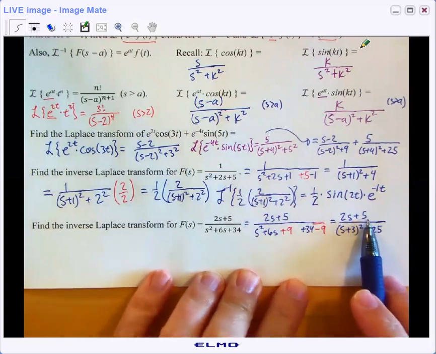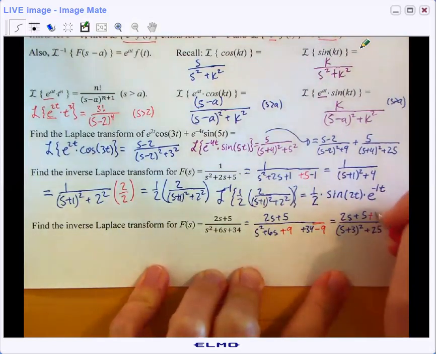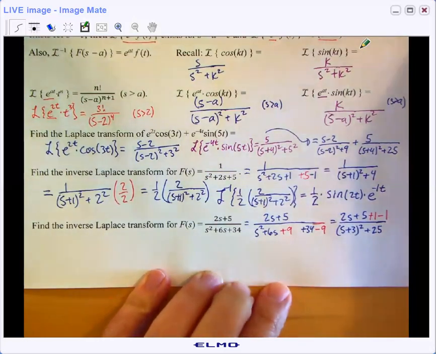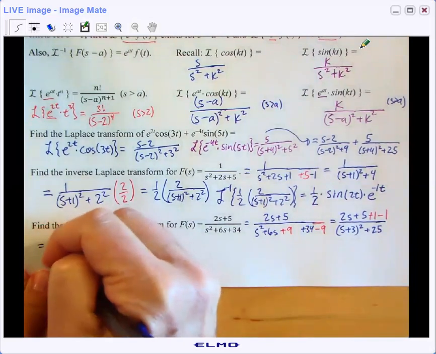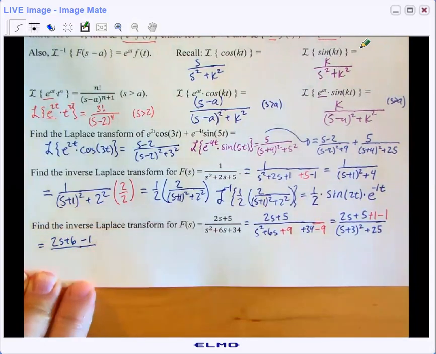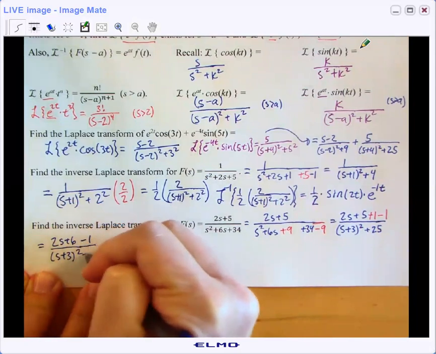I don't have 2s plus 6, but just like we did with completing the square, what if I add 1 and subtract 1 to that expression? Now I've got 2s plus 6, but the cost is I still have a minus 1 now, over (s + 3) squared plus 25.